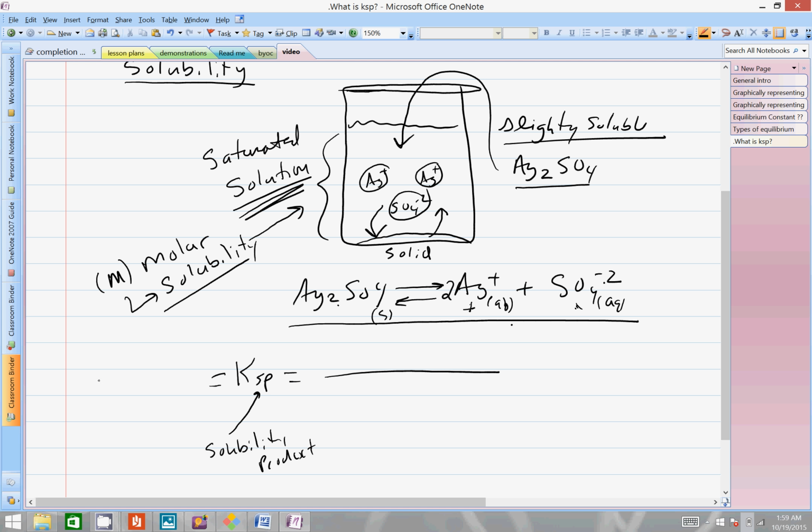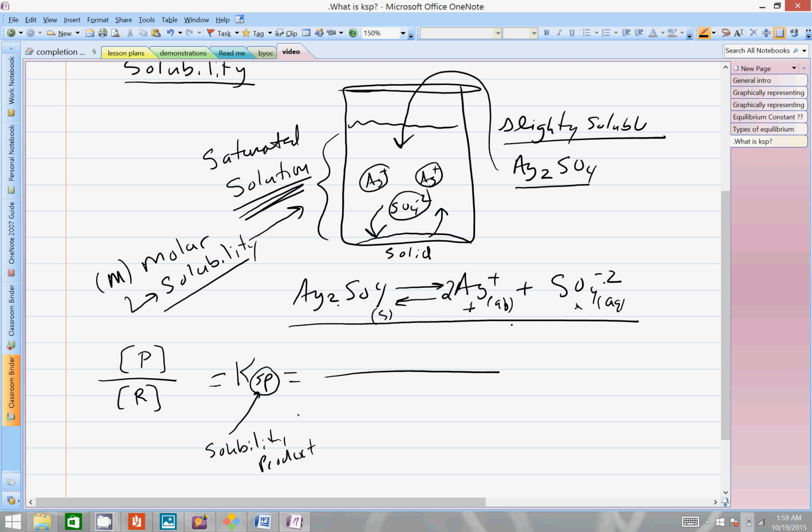K is a representation of the concentrations of the products over the concentration of the reactants. Any solid or pure liquid does not have a concentration and therefore cannot be tracked. This little SP here really means nothing for the mathematics of this particular problem. It's just a hint to you that this is the type of process we're looking at.